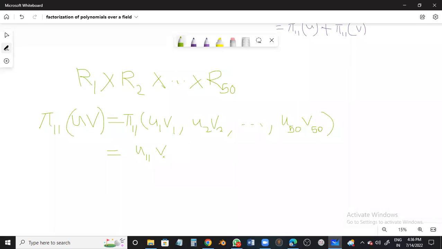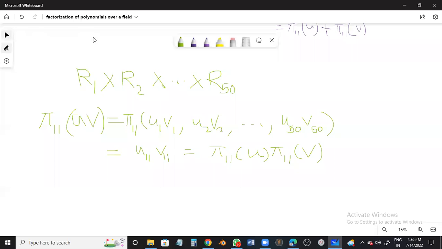U11 into V11. But U11 is the output of what? Pi 11 operated on U. And V11 is pi 11 operated on V. So you can see the image of the product is the product of the images. Do you agree with me? Image of product is product of the images.